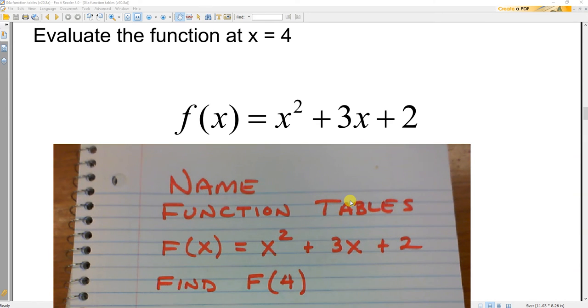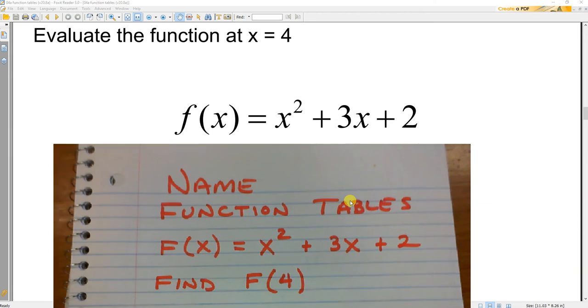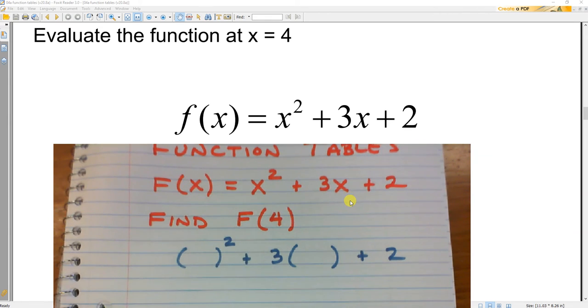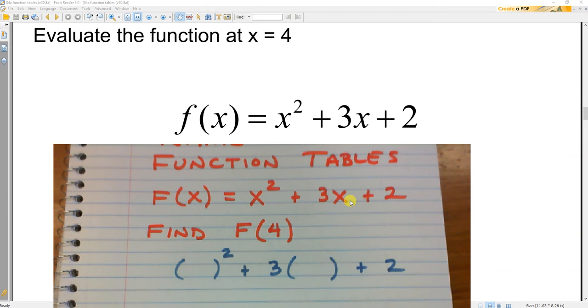So let's remember how to do that. Everywhere I see an x, I'm going to put in a 4. Everywhere there's an x, I'm going to plug in a 4.